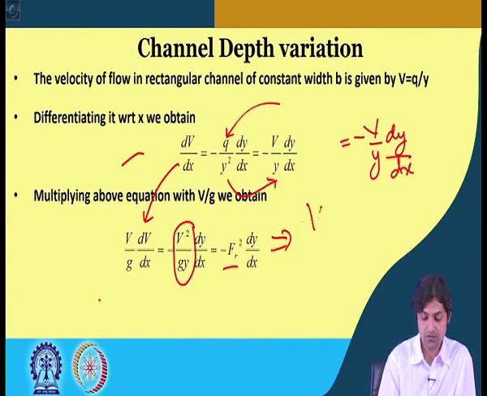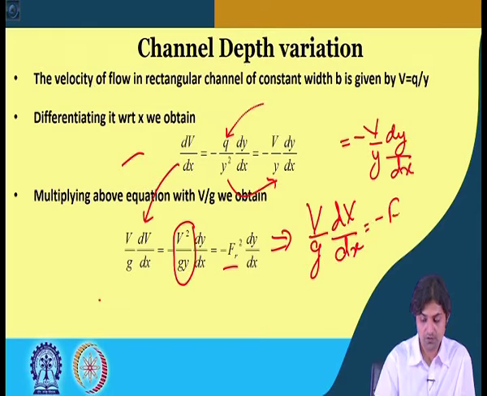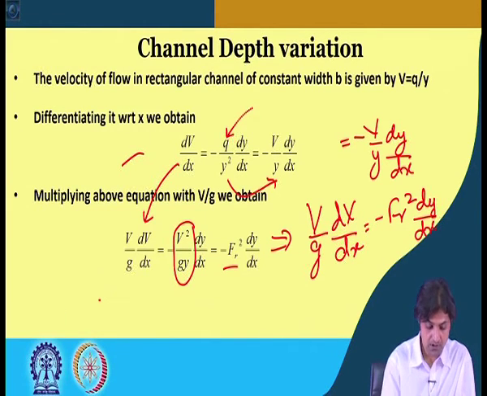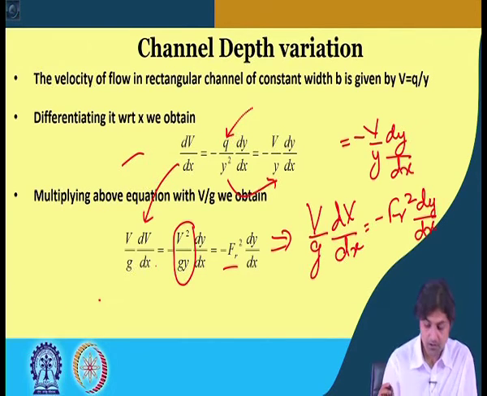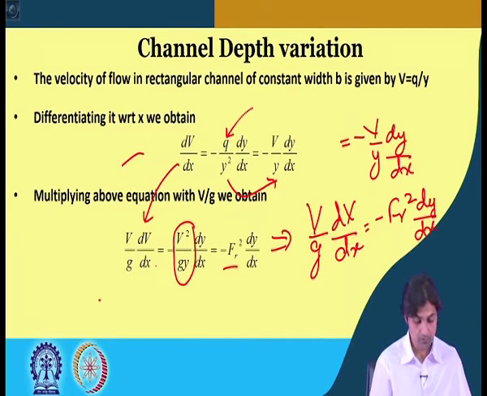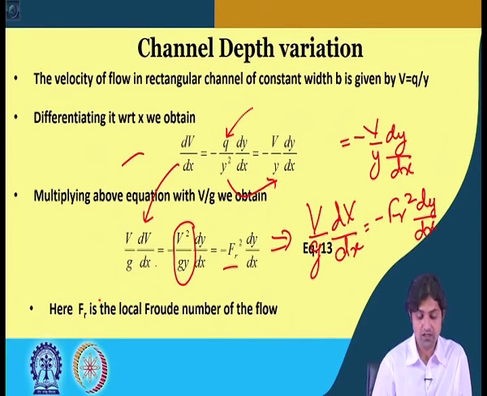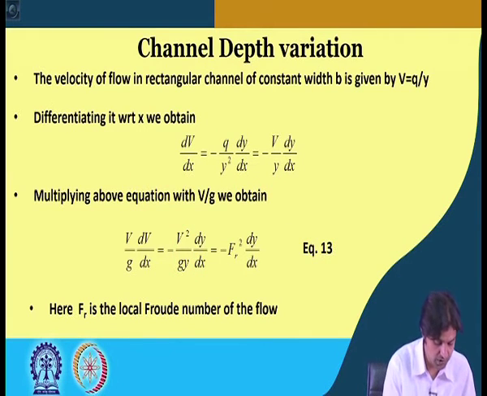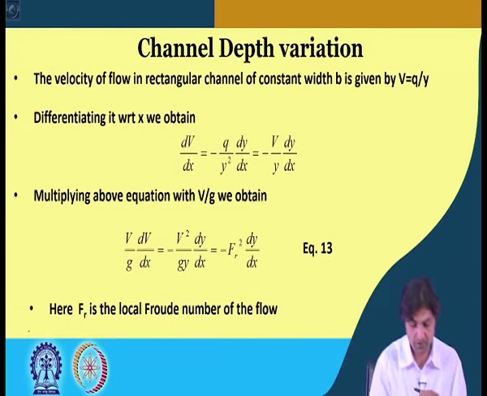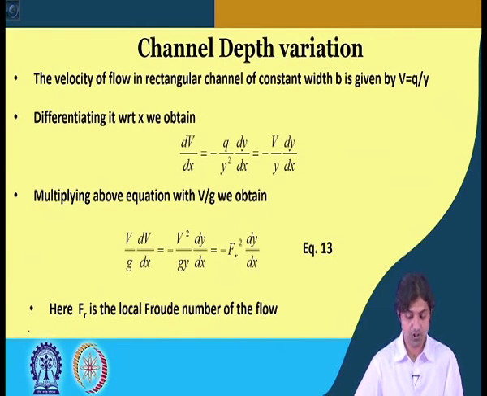So, actually we get v by g dv dx is equal to minus Froude number whole square into dy by dx, correct. Here Fr is the local Froude number of the flow. So, equation number 13.